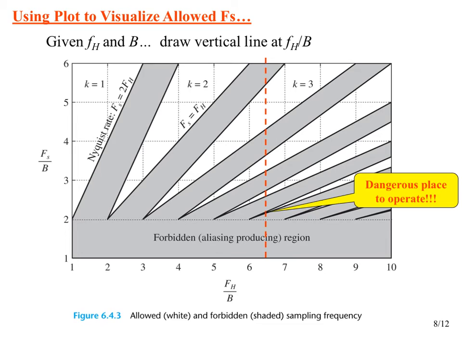Okay, so looking at one specific example, suppose this red line tells us where we need to operate. It tells us what our specific Fh is.